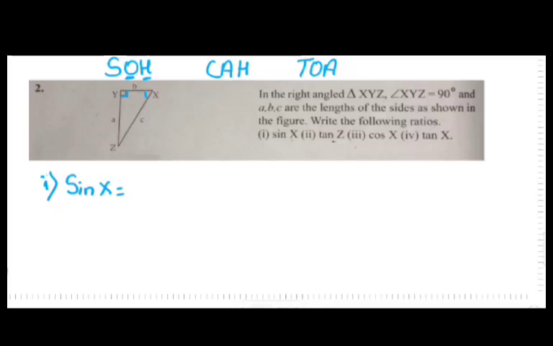This is my X. Alright, O is opposite, which is YZ, upon hypotenuse, which is XZ, which is this one, correct? So if I have to write it in length, YZ is A upon C, correct?